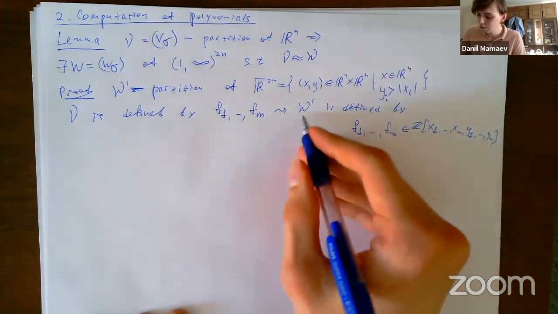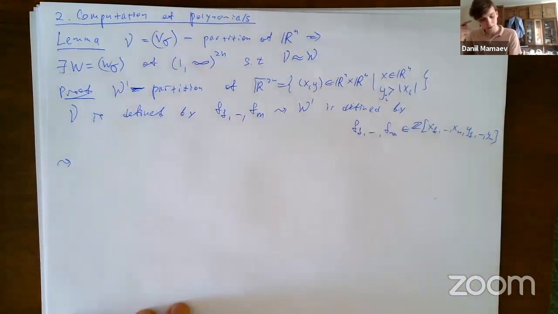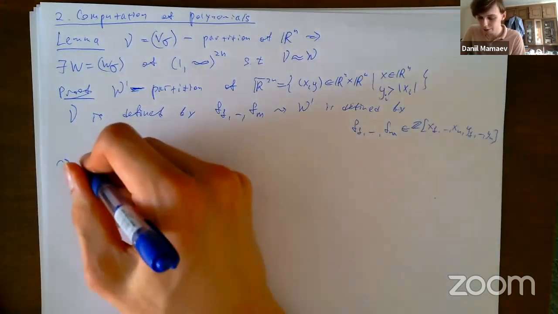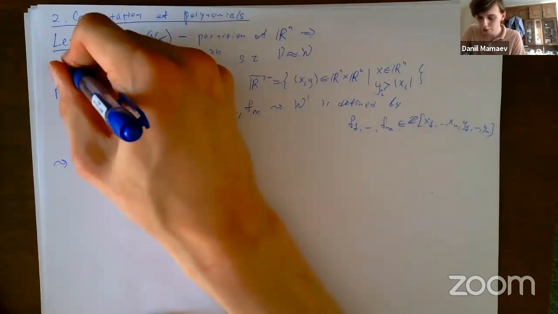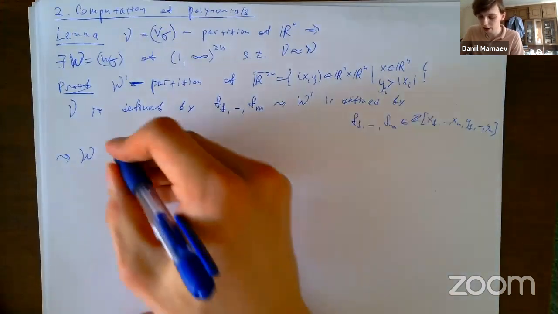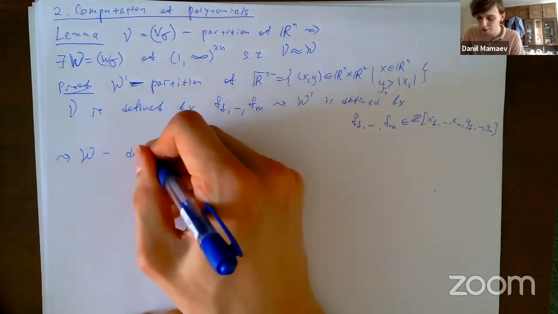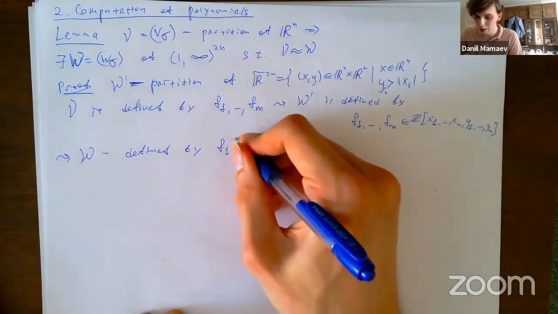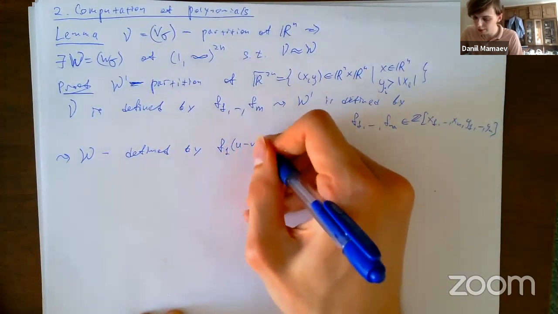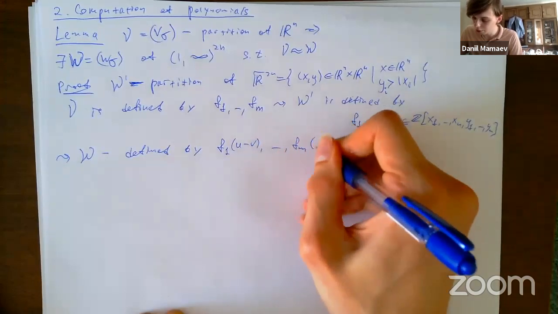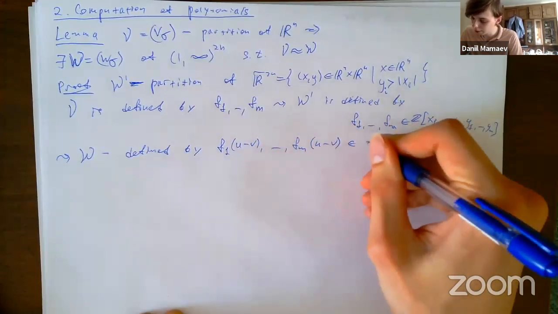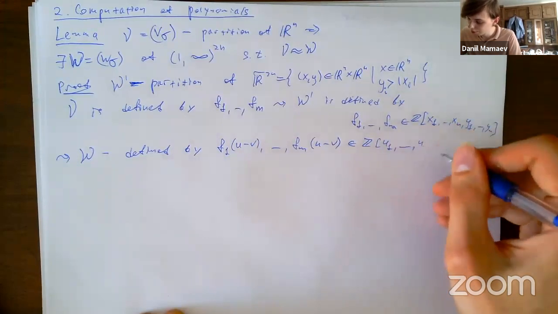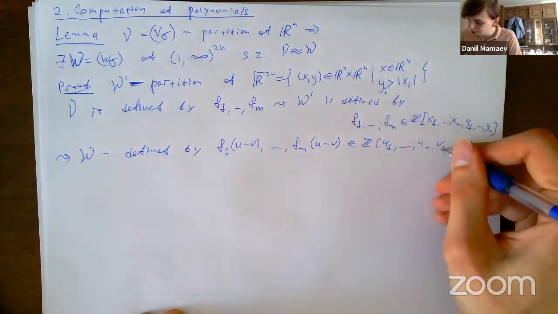And then from this partition, we get the partition that we want, namely the partition defined by f1 of u minus v and so on, fm of u minus v. These are polynomials in u and v.